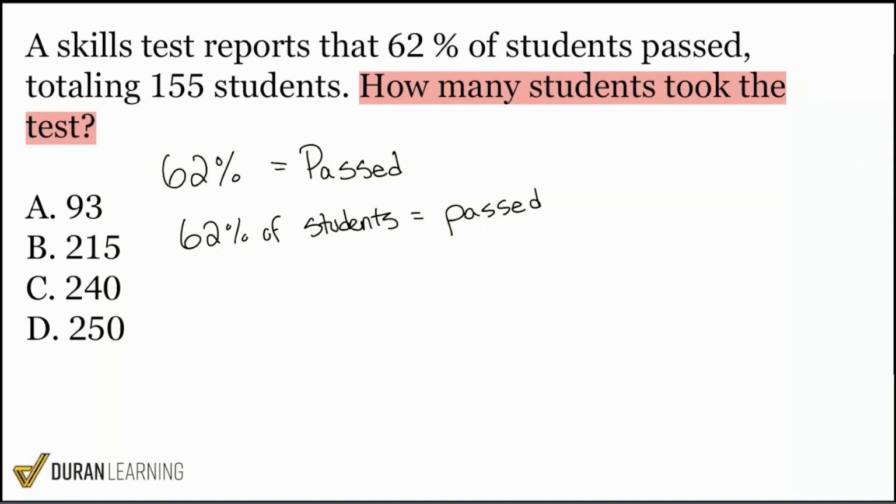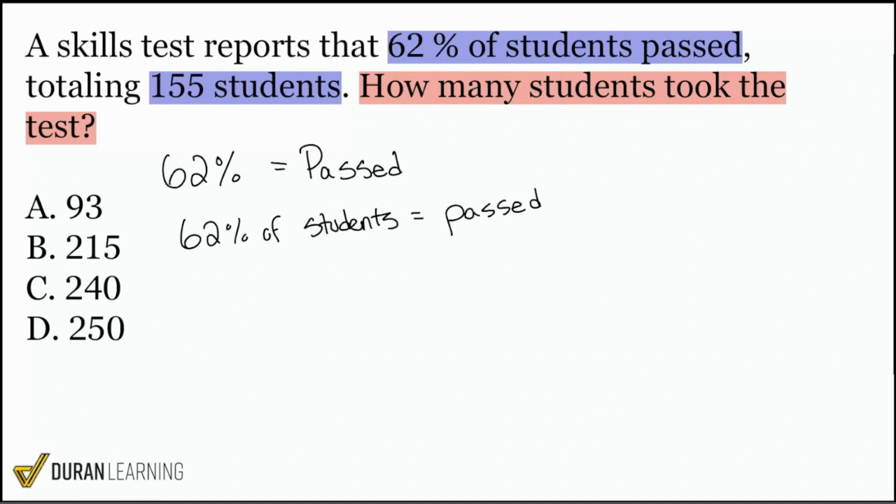And everybody, can you tell me in this problem how many students passed? How many students did they tell us passed here? What is that number going to be? Yeah, that's 155. Right here, totaling 155 students. So we'll grab that. That is the number of students who passed. 62% of students passed, and that's 155.